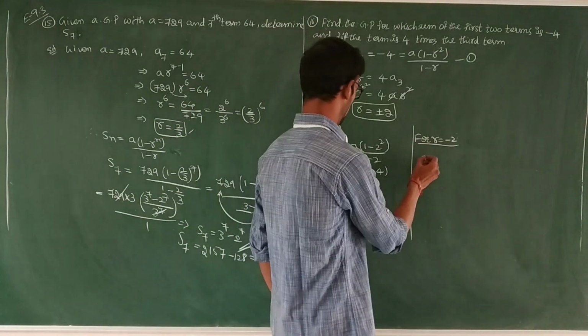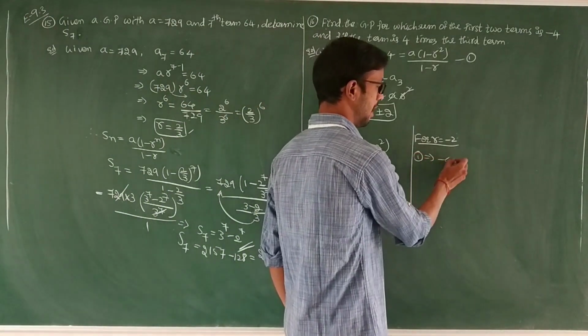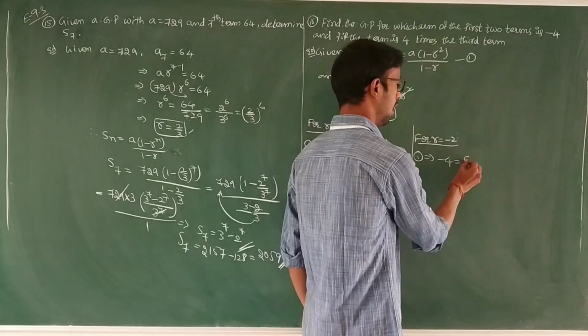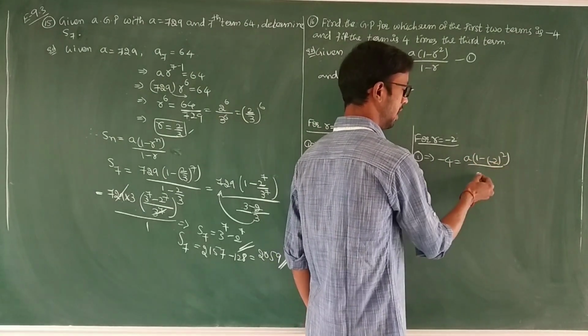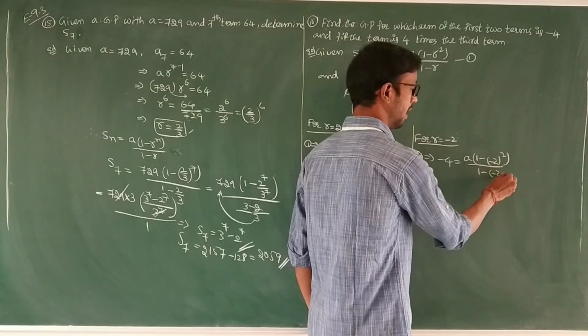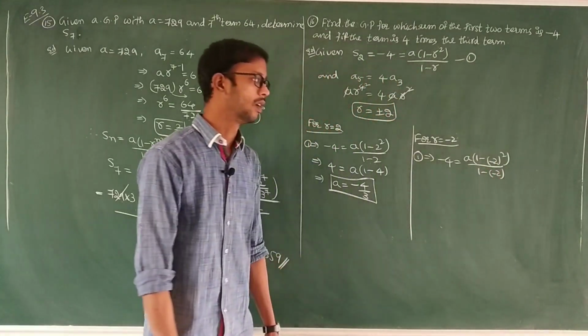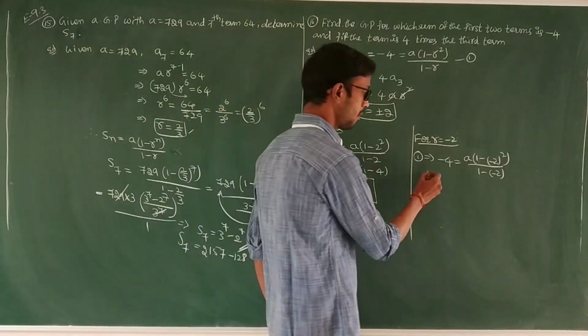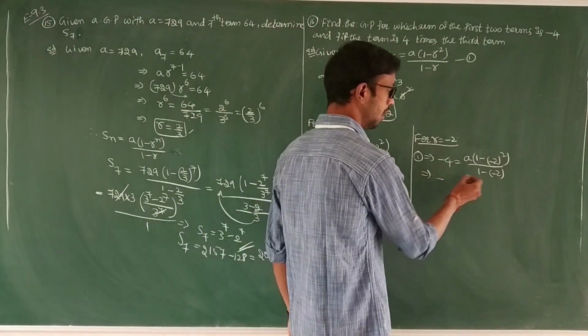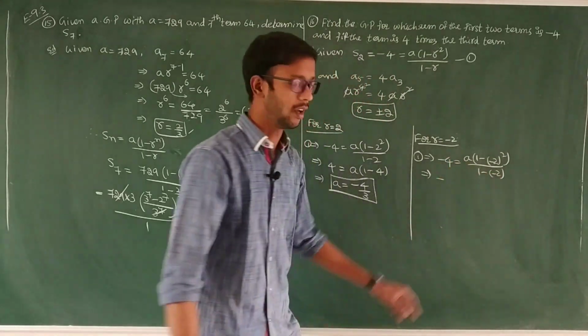Next, equation 1 implies here also minus 4 is equal to A into 1 minus of minus 2 whole square divided by 1 minus of minus 2. So now how much will you get here? Minus 4 into 3.